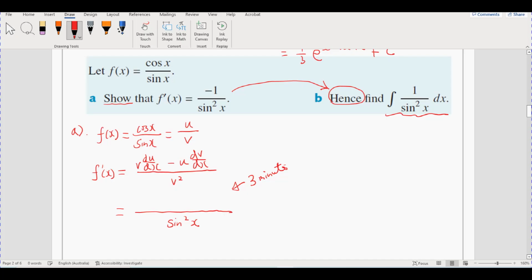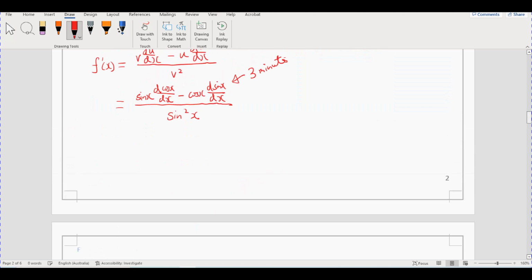Okay, let's see what happens. For v is sine x, so I put d of cos x over dx right here, and u is cos x, and d sine x over dx. The derivative of cos x means minus sine x, so sine x times minus sine x becomes minus sine squared x, and d sine x is cos x, so cos x times cos x becomes cos squared x, over sine squared x.